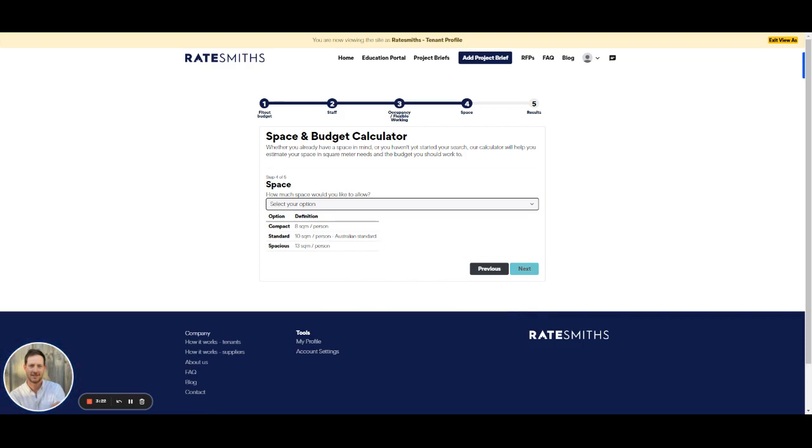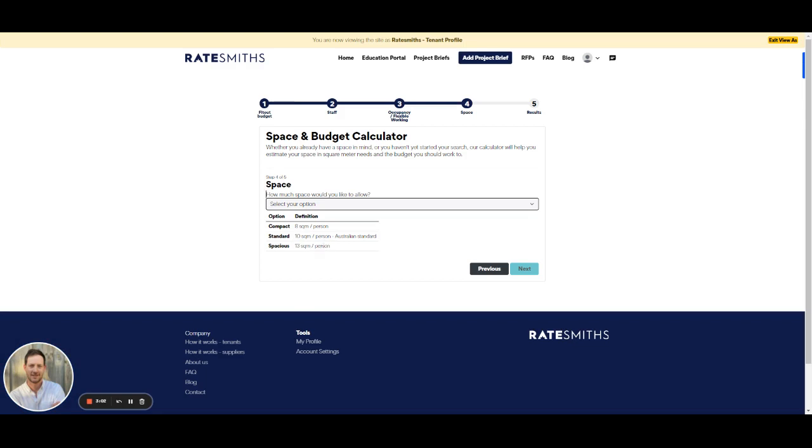And then we look at the people per square meter range. 10 square meters per person is an Australian standard, and most buildings will be built to accommodate one person per 10 square meters.